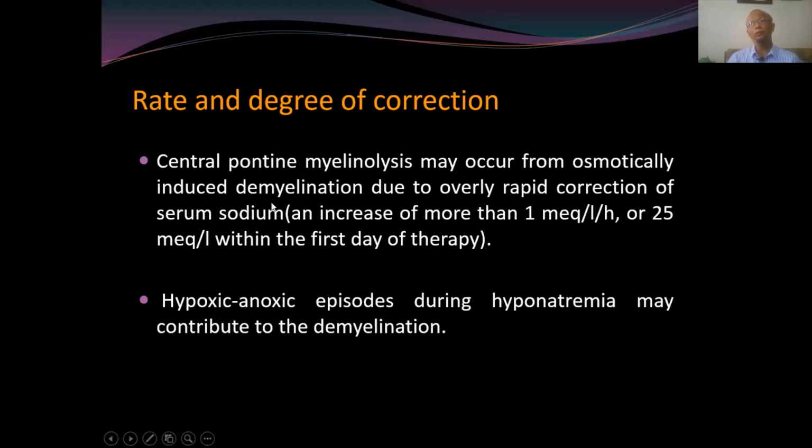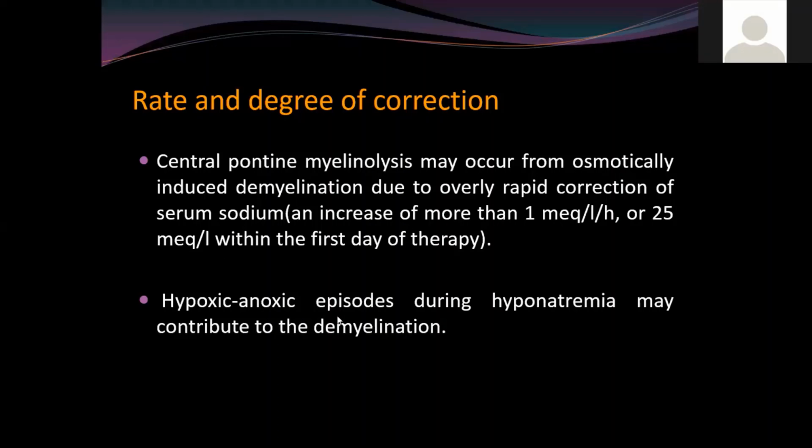Remember, if you correct rapidly, the sodium concentration in the extracellular space will be high, so more water will come out of the cell, and there will be shrinkage of the cells, and that causes central pontine myelinolysis. This is very fatal. So one should not correct hyponatremia rapidly.